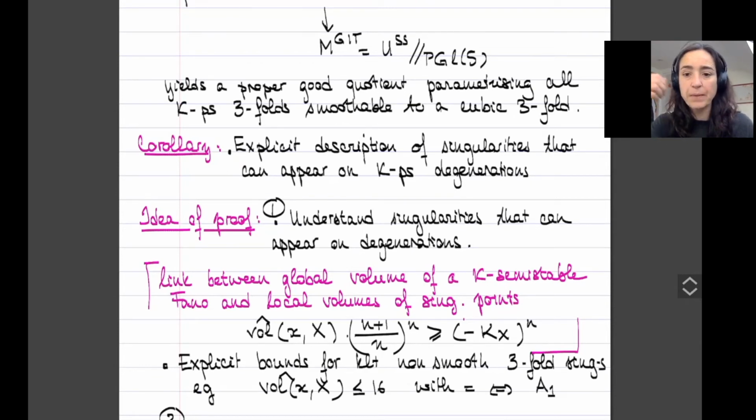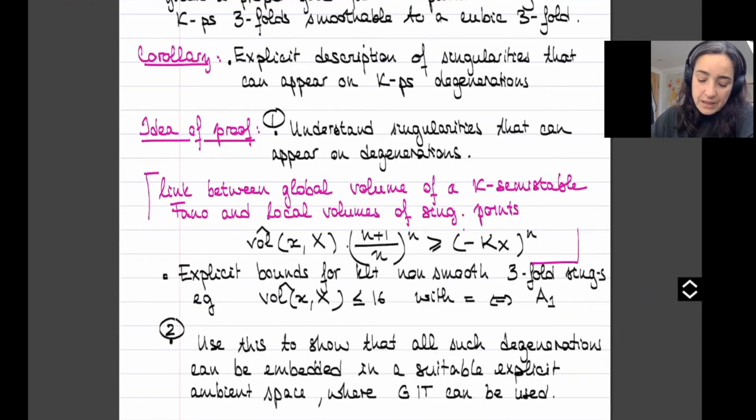So basically you go back to Miles Reid's description of threefold terminal singularities, for example, or of threefold KLT singularities, and you kind of go through case by case. So for example, you have an explicit bound for KLT non-smooth threefold singularities, which says that the local volume is bounded above by 16 with equality if and only if you have an A1 singularity.